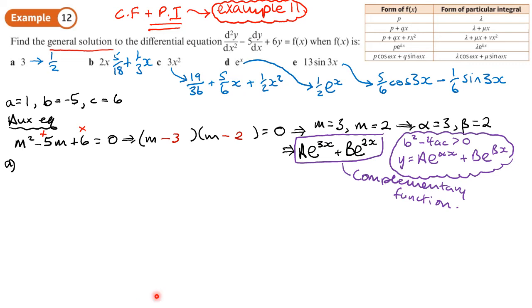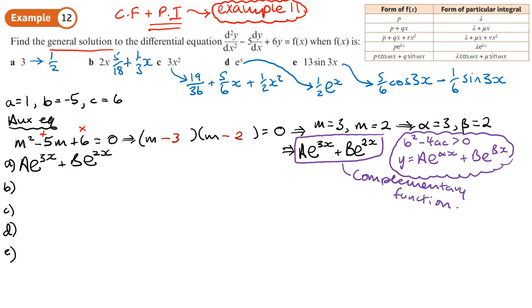So all of my answers are going to start the same with this. So a is going to start like this, so is b, so is c, d and e.